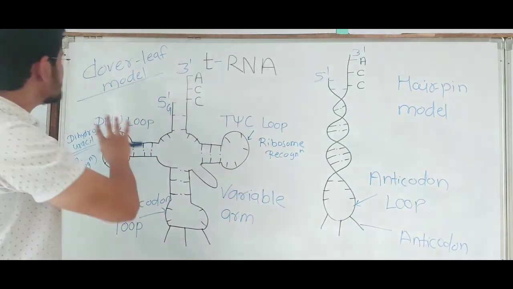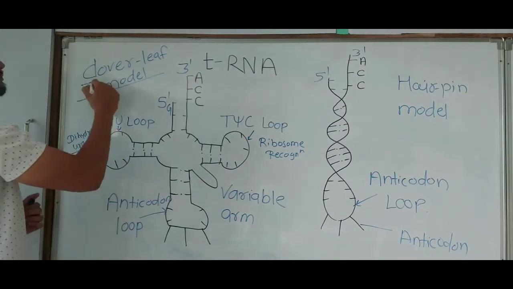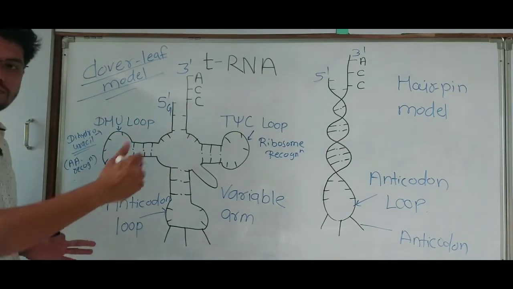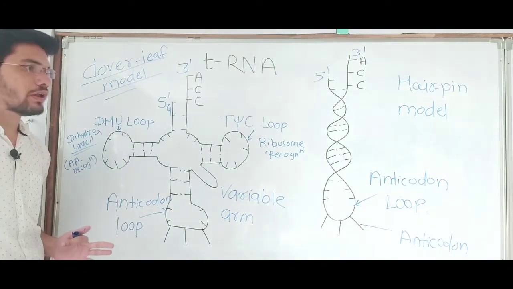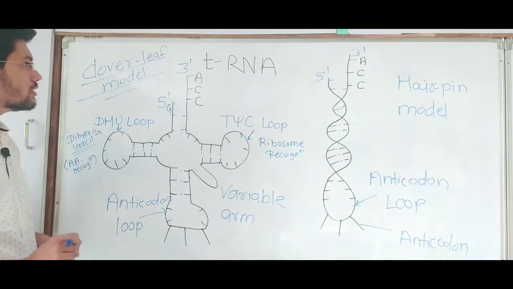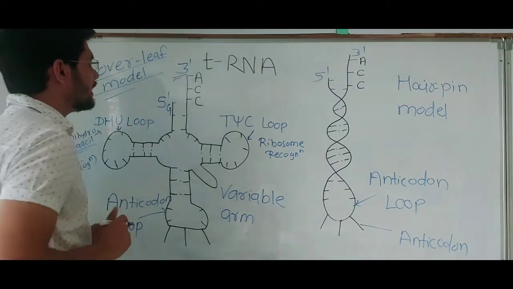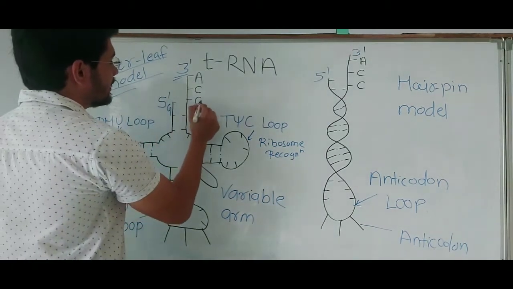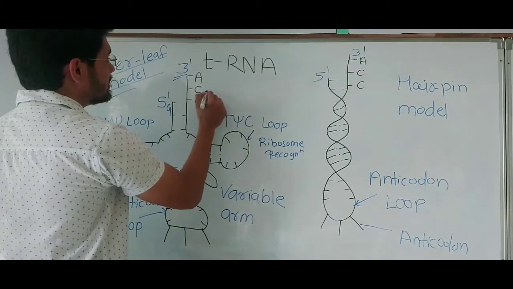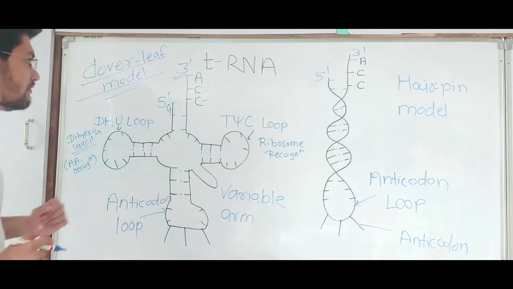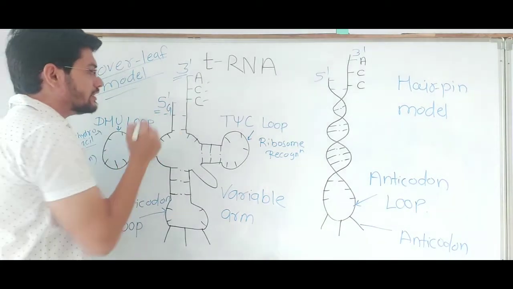So here you can see the clover leaf model of the tRNA, and after that we will learn the hairpin model of the tRNA. Here you can see the 3' end of tRNA where it has the CCA sequence of nucleotides, and at the 5' end it has a G nucleotide.